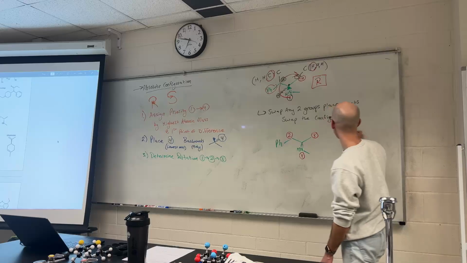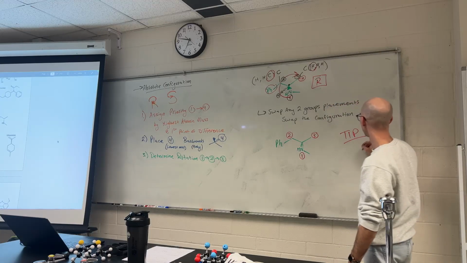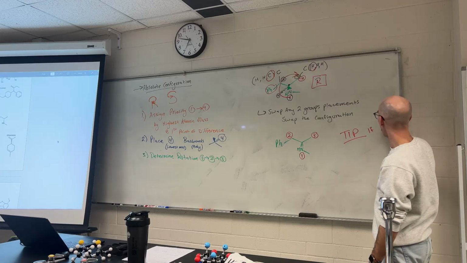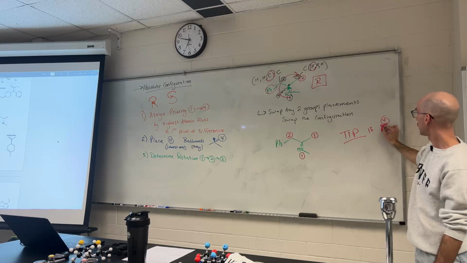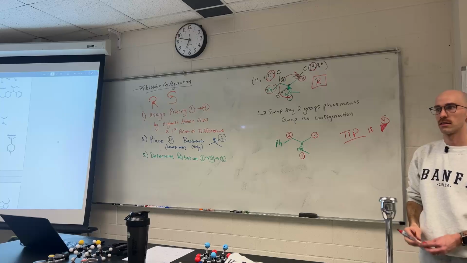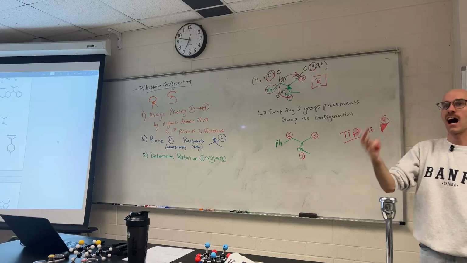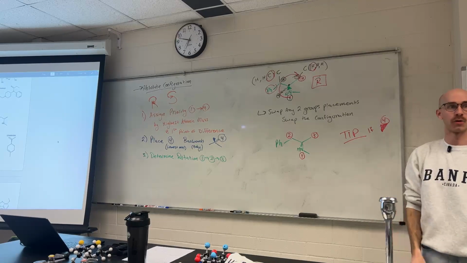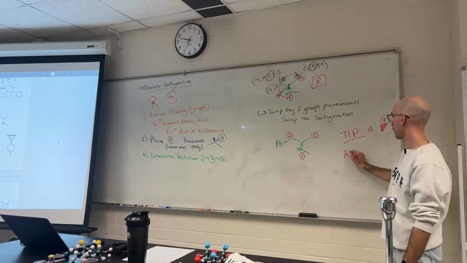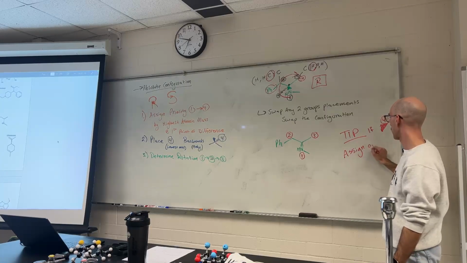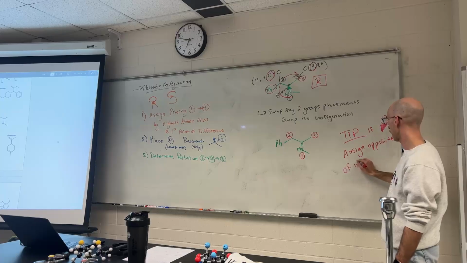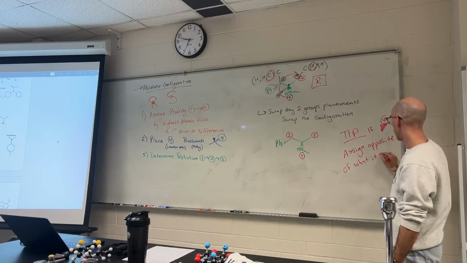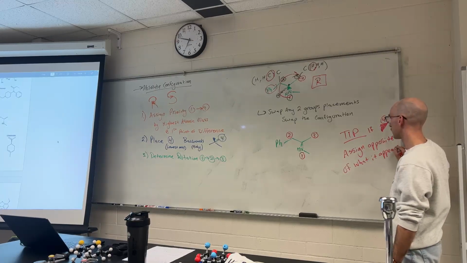So here's my tip. If priority 4 is coming towards you, notice how that's a wedge? Assign the opposite of how it appears.